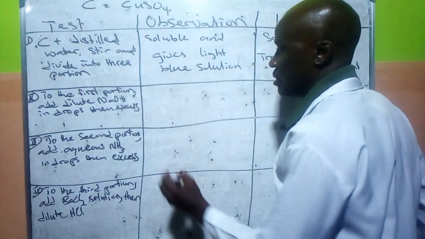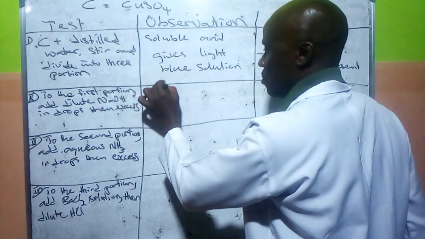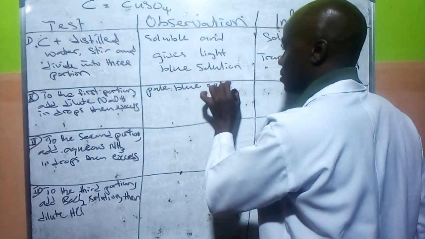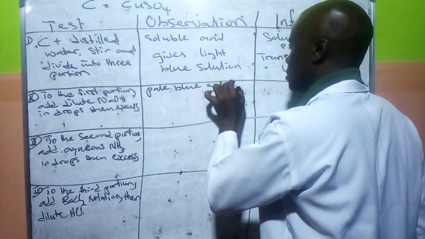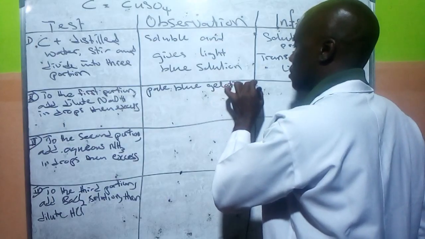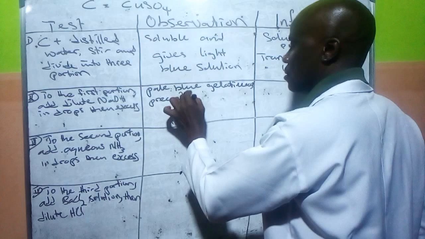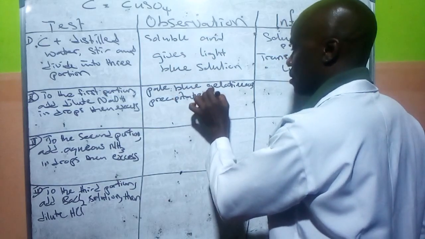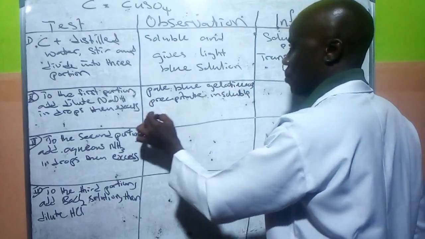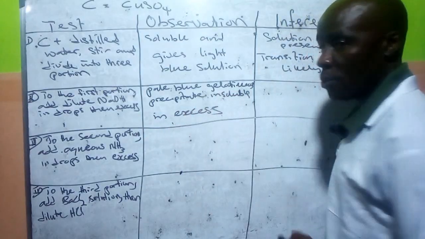So what we have here is pale blue, gelatinous precipitate, insoluble in excess.